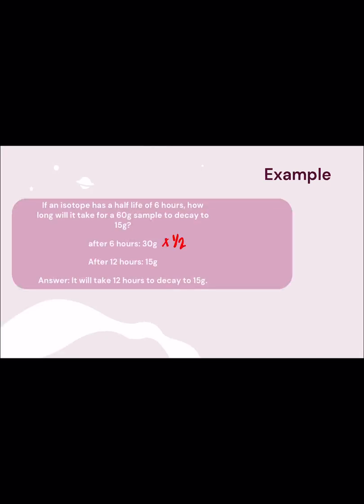So I've lost half of 30, which is 15 grams. So after 12 hours, I have 15 grams remaining. So that answers my question. It wants to know how long it takes to decay to 15 grams. It will take 12 hours. Okay? Does that make sense?